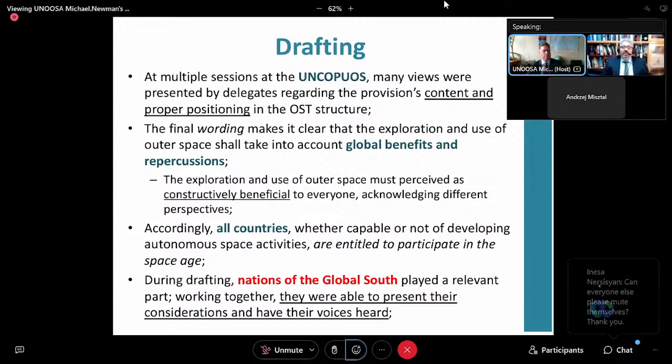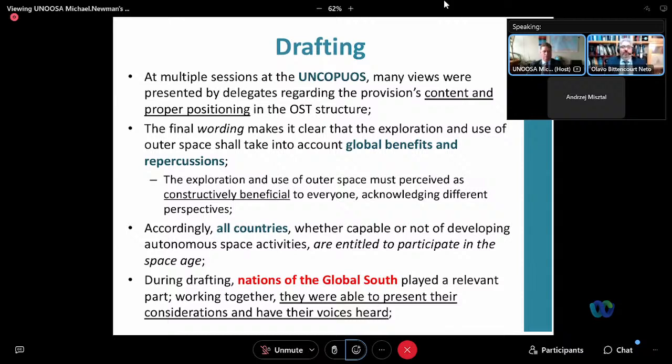Therefore, the exploration and use of outer space must be perceived as constructively beneficial to everyone, acknowledging different perspectives. Accordingly, all nations, whether capable or not of developing autonomous space activities, are entitled to participate in the space age.